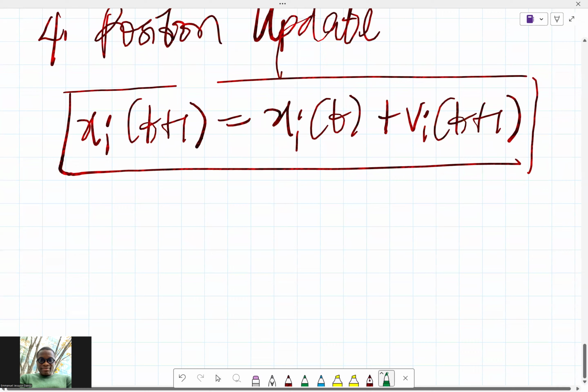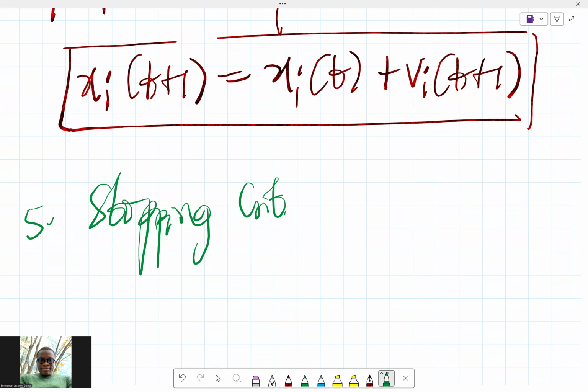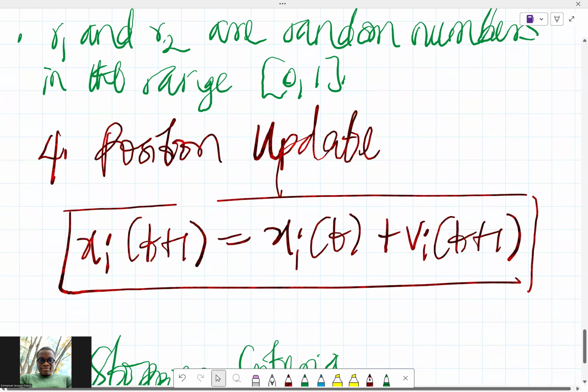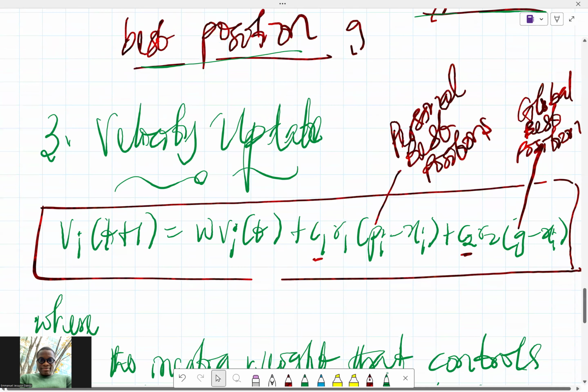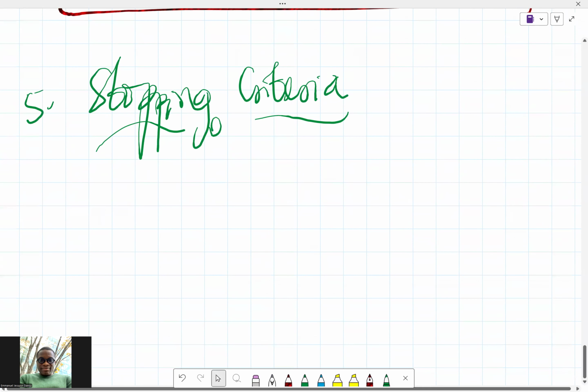And then of course we have step 5, the stopping criteria, which we always have for numerical situations like this. Since we are iteratively looking for solutions, we need stopping criteria.